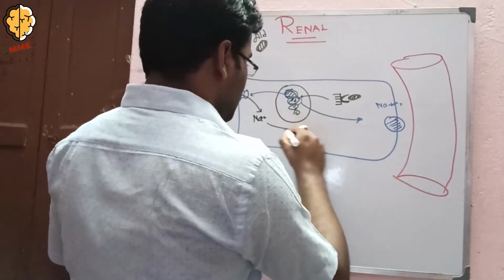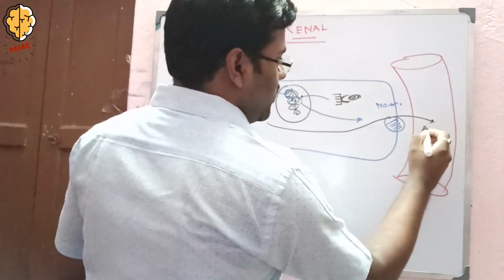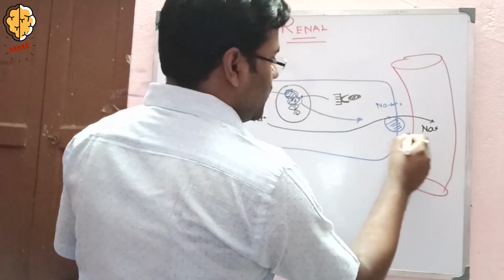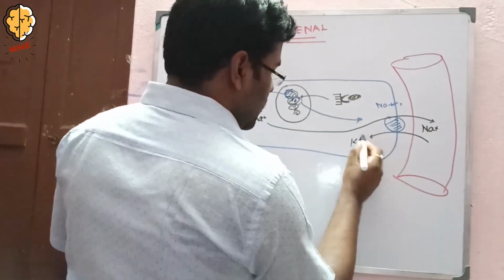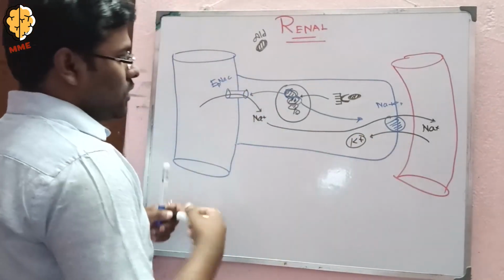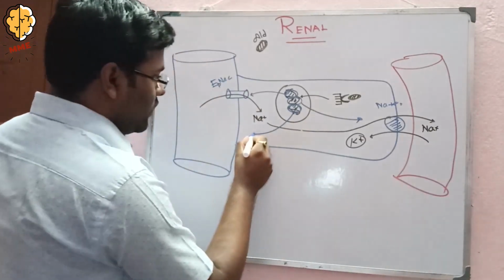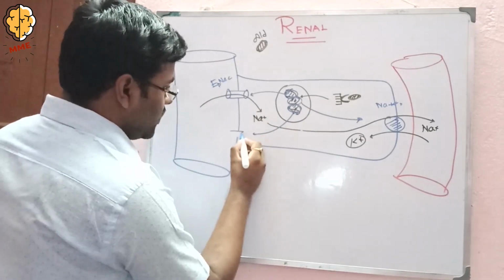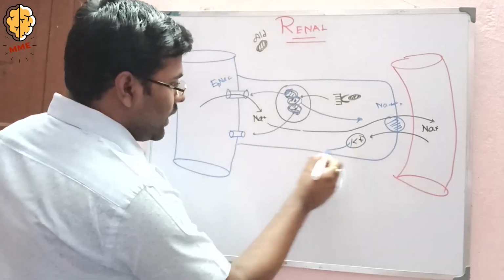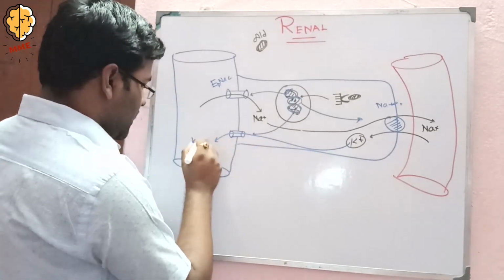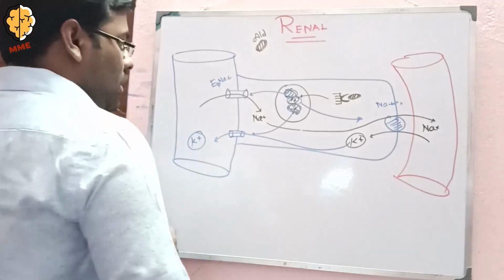Through this, sodium comes into our blood and potassium goes in. We have to excrete potassium. So this gene will activate and form another channel, which is called the potassium channel, and the potassium comes into the urine.